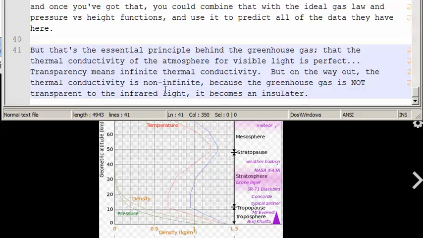The atmosphere is basically transparent to it, except to that ultraviolet light there. But on the way out, that light is converted into infrared, and the atmosphere here is basically a heat insulator, which causes the temperature to drop as you go outward.